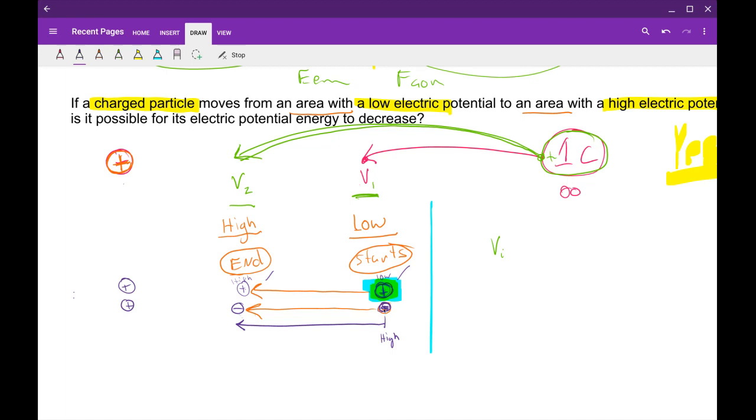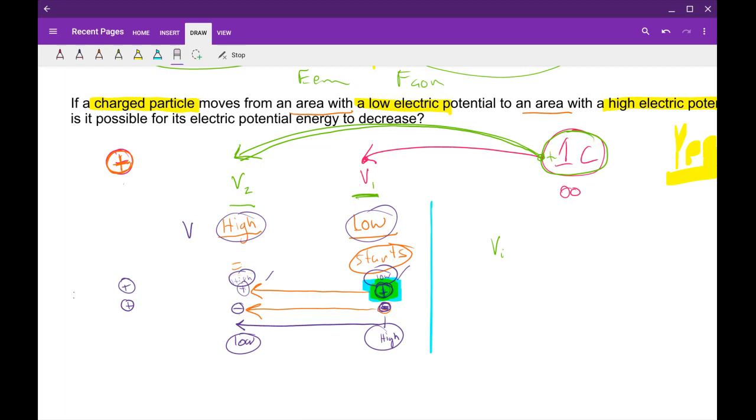So it's as if you have a high potential energy as you move towards it, and then imagine pushing it away. It's like the opposite scenario. Okay, and here you have a low potential energy, but we've already established that your electric potential is high here and low, and so you basically have these scenarios here.